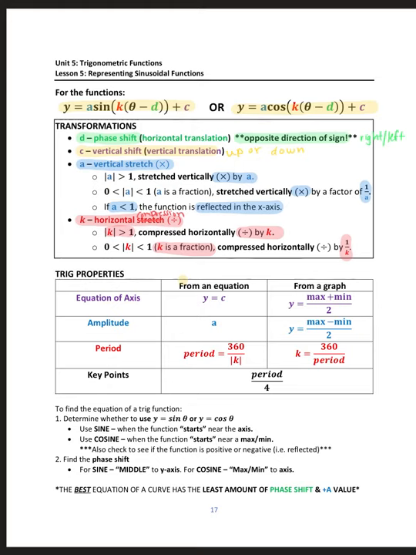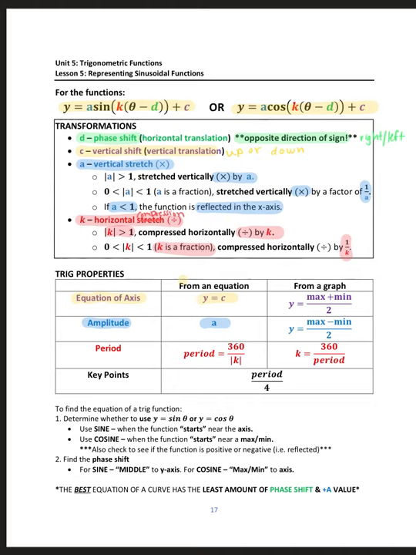Okay, so these variables also tell us some information or some properties of our function. So that c, which is our vertical shift, also represents the equation of our axis. Okay. The a value represents our amplitude, which is that distance from our axis up to our maximum or minimum.